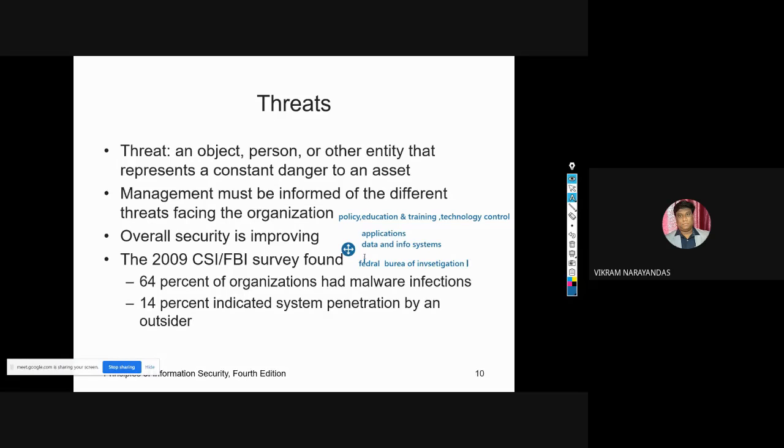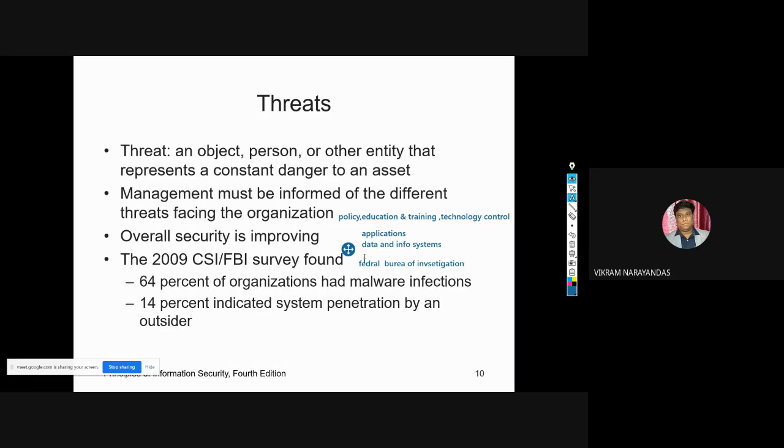So 90% of organizations responded, primarily large corporations and government agencies. They detected computer security breaches within the last 2 or 3 years maybe.